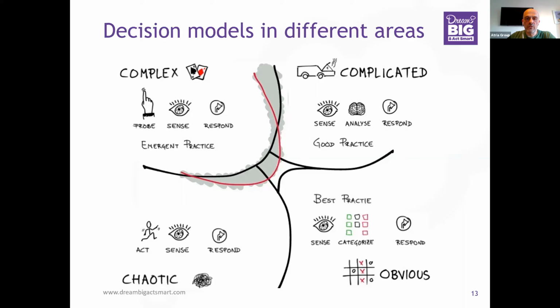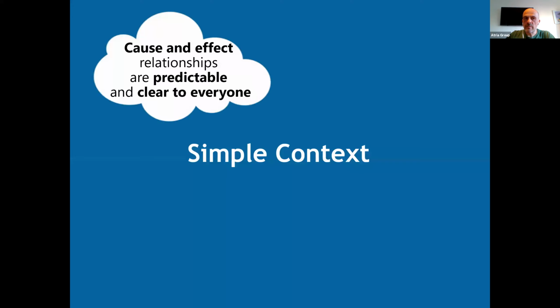And I would like to go into a little bit more detail right now, so that we can later connect this with leadership styles. So the idea is to see how different leadership styles can be related to different areas of complexity. So just to summarize, in a simple context, cause and effect are predictable and clear to everyone.